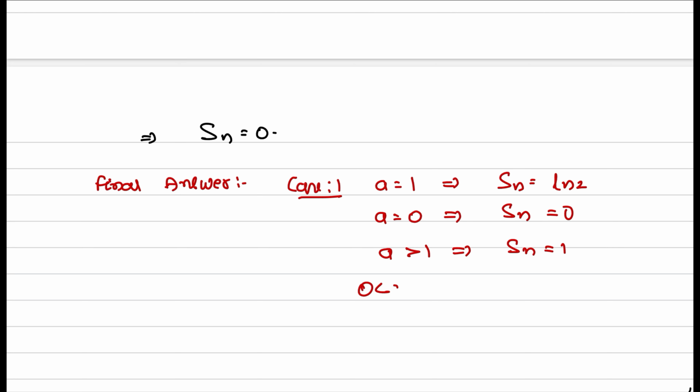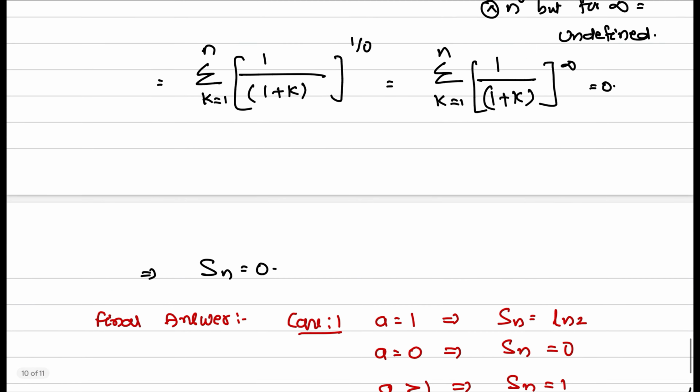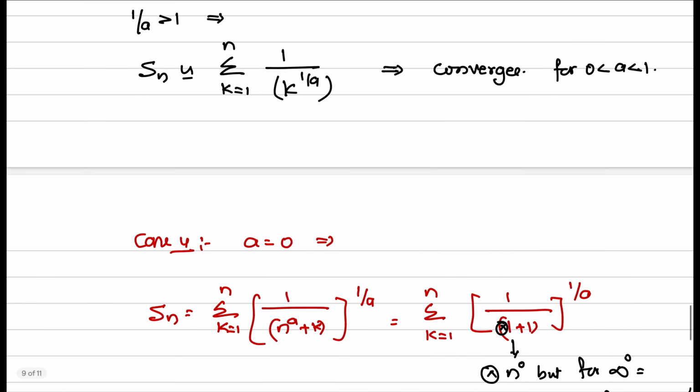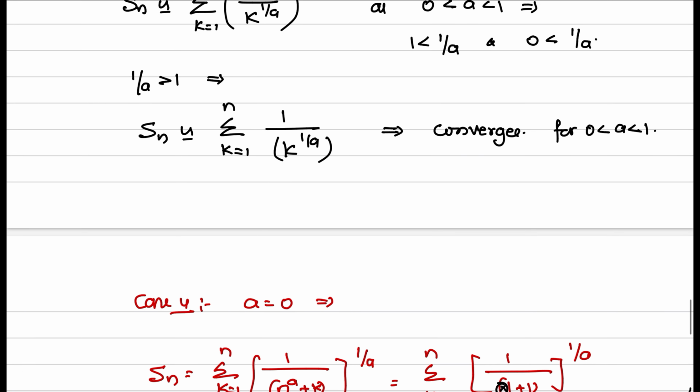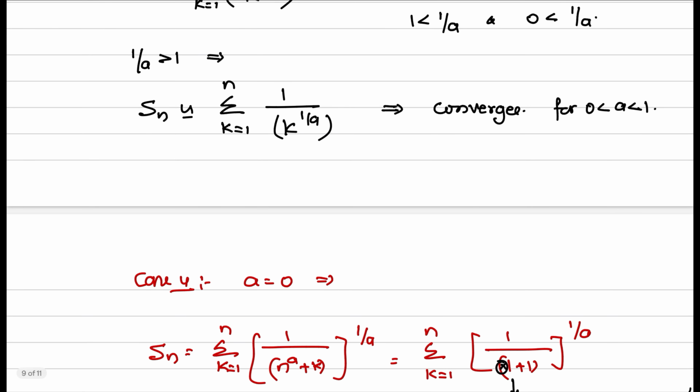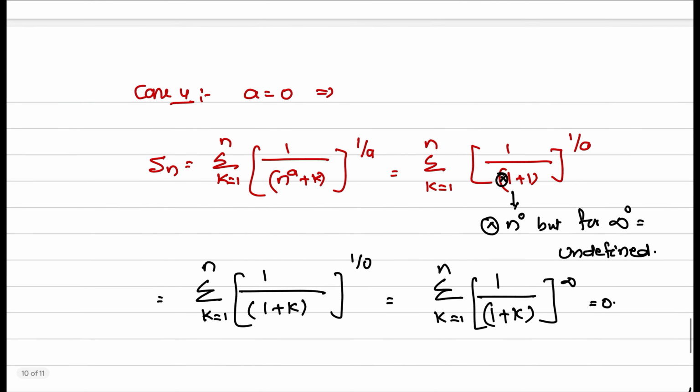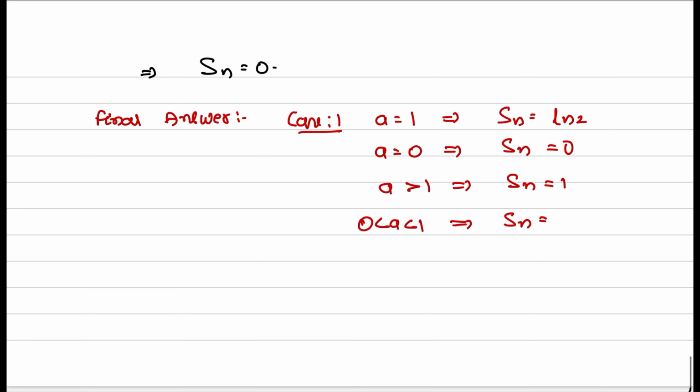When 0 is less than a is less than 1, Sn is equal to some convergence value. It converges to some zeta function in 1 by a.